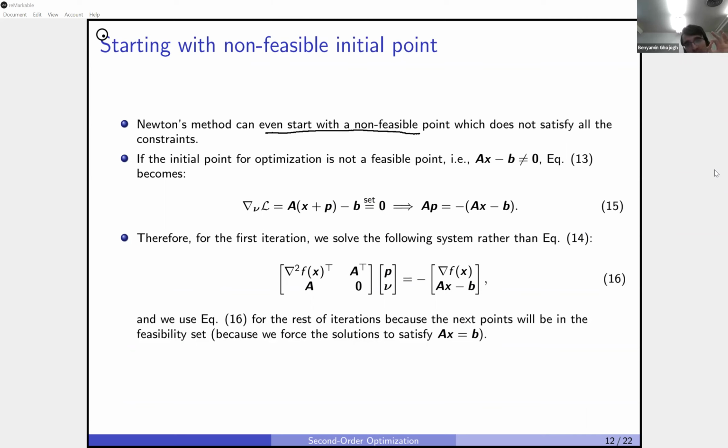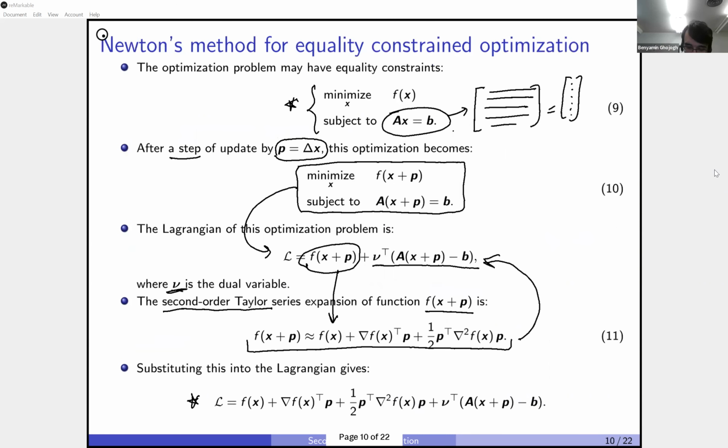We need to tweak only the first iteration a bit in order to handle a non-feasible point. So if the initial point for optimization is not a feasible point, it means that Ax minus b is not 0, which is equation 13. That's equation 13. Do you remember, Ax equals b was the constraint. We used this constraint here.